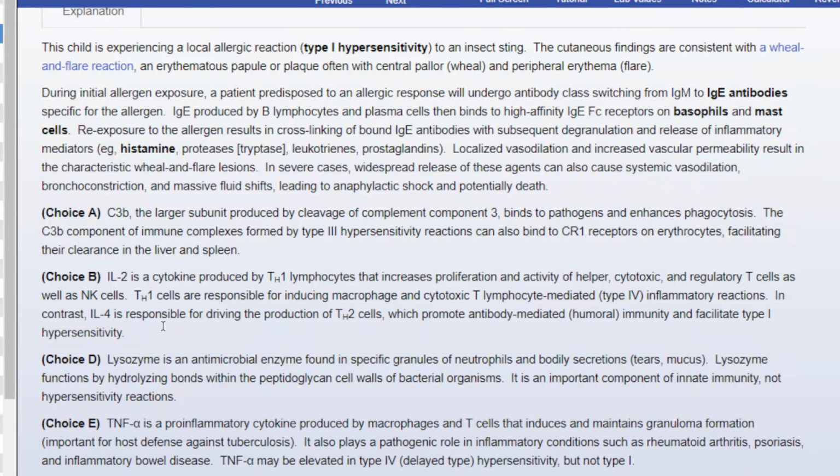So remember, there's antibody class switching from immunoglobulin M to immunoglobulin E antibodies specific for the allergen. The immunoglobulin E produced by B lymphocytes and plasma cells then binds to the high affinity immunoglobulin E Fc receptors on basophils and mast cells. Re-exposure to the allergen results in cross-linking of bound immunoglobulin E antibodies with subsequent degranulation and release of inflammatory mediators like histamine.